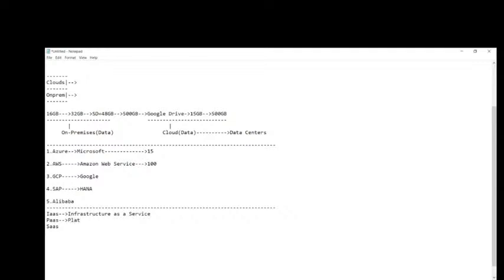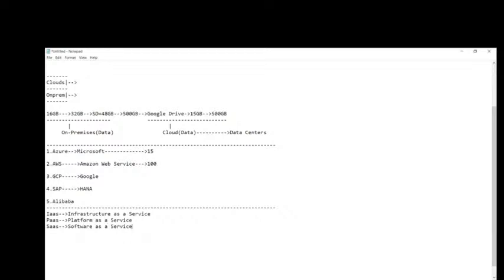And the third one, SaaS, stands for software as a service.